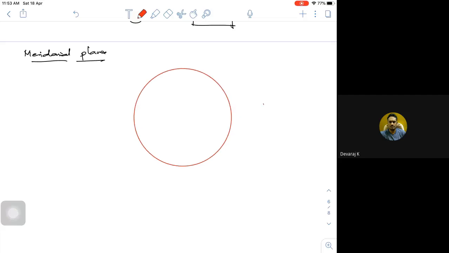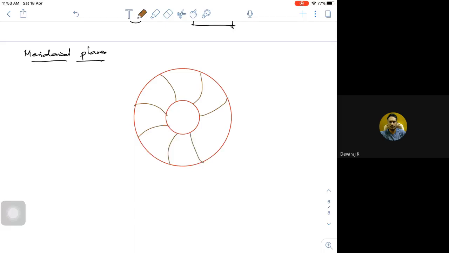This is a rotor, that is the tip, and this is the hub. You have the hub and tip, and the blades are like this. I'm speaking of a radial flow turbine. And we should be aware where exactly we are drawing the velocity triangles.